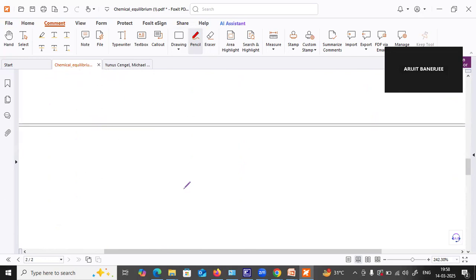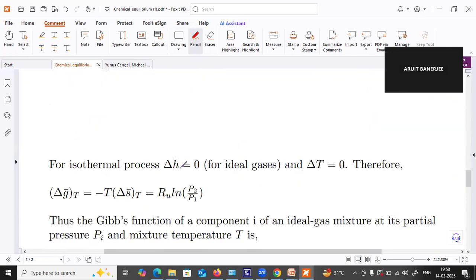For an isothermal process, this is 0. For ideal gas, enthalpy is a function of only temperature. So if the temperature change is 0, therefore enthalpy will be constant.